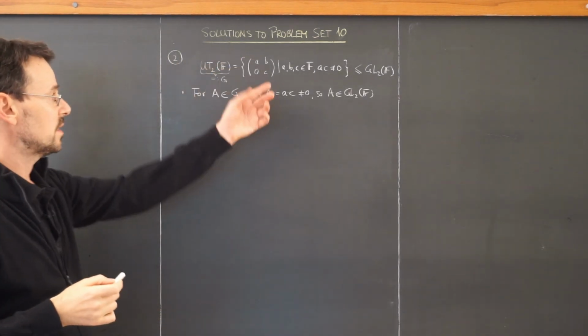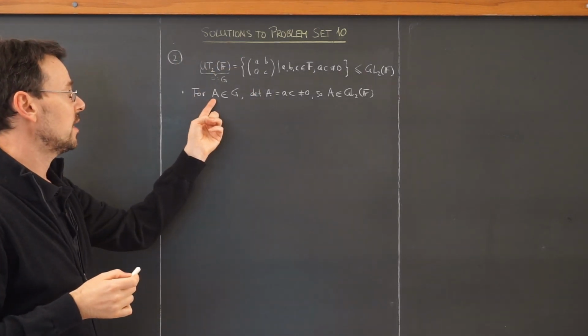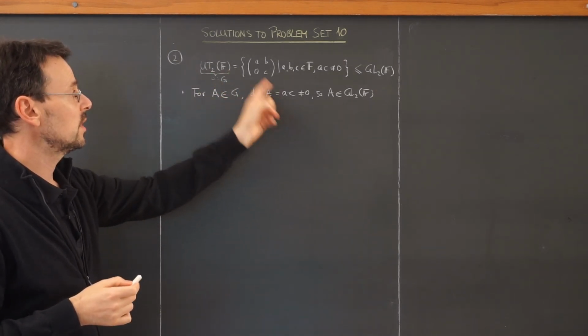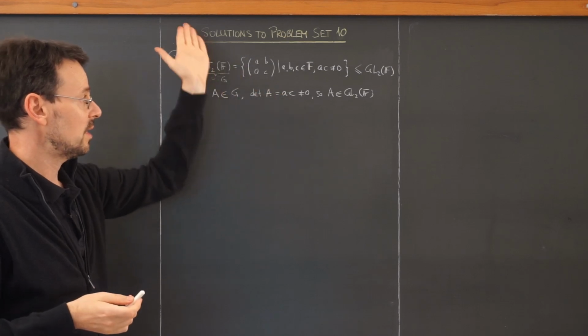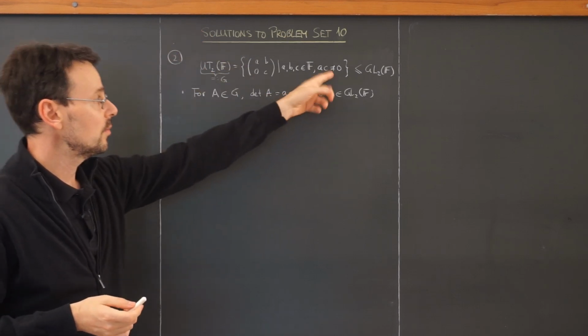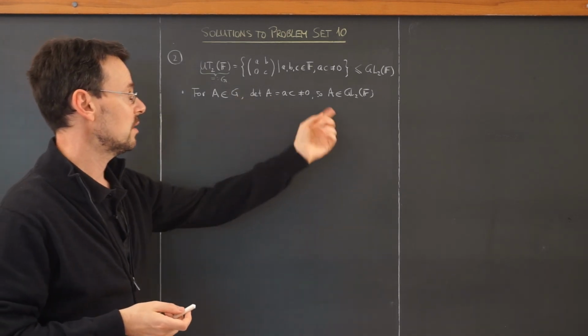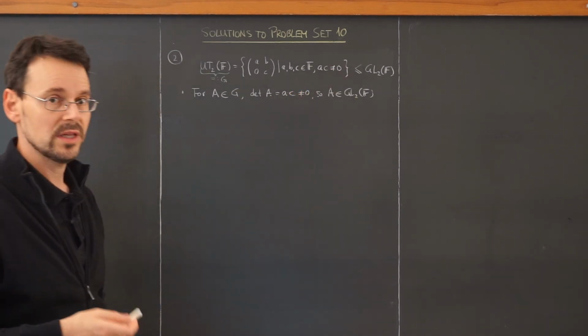So first of all, as I've just said before, if we take any matrix from here, I abbreviate this by G, then its determinant is A times C, just the entries of the main diagonal, which by assumption is not 0. So this matrix is non-singular, so it is an element of GL_2(F).